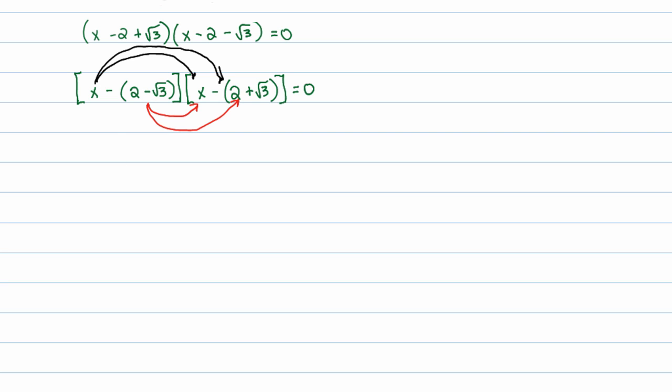X times x will give me an x squared minus x times 2 plus root 3, whatever that may be. And then in red, I have a negative quantity times x, or in other words, negative x times 2 minus root 3. And a negative times a negative will be a positive 2 minus root 3 times a 2 plus root 3.